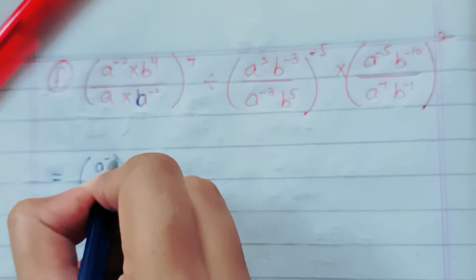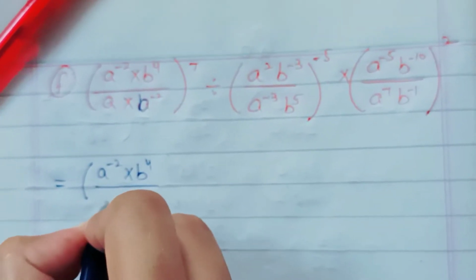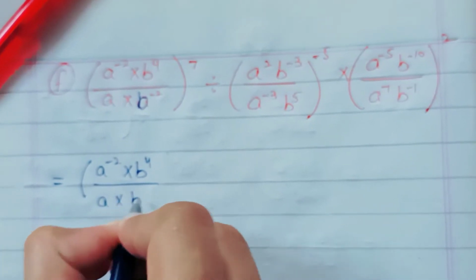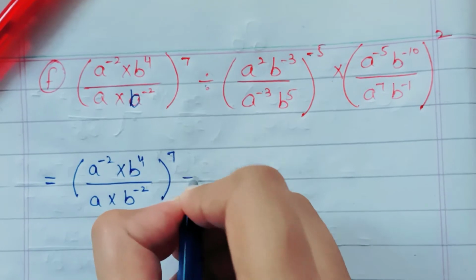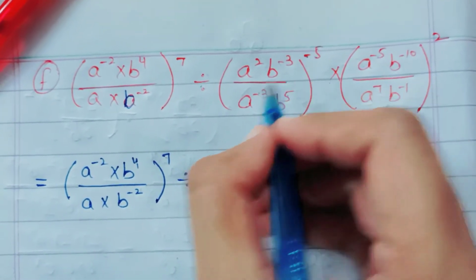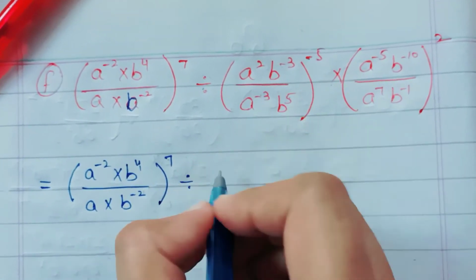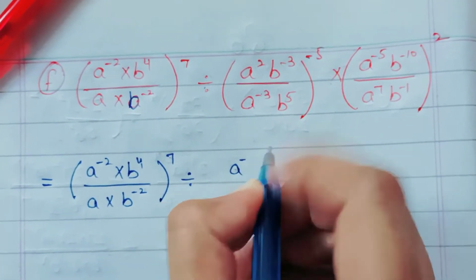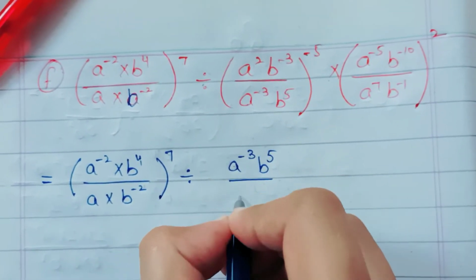A raised to power minus 2 multiplied by b raised to power 4 over a multiplied by b raised to power minus 2 whole power 7 divided by the term with power minus 5. If I take the inverse reciprocal of this one term, then my numerator will become denominator and denominator will become numerator.